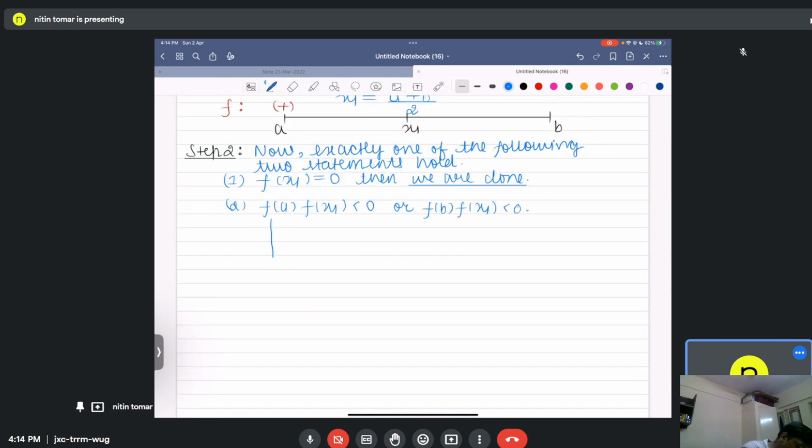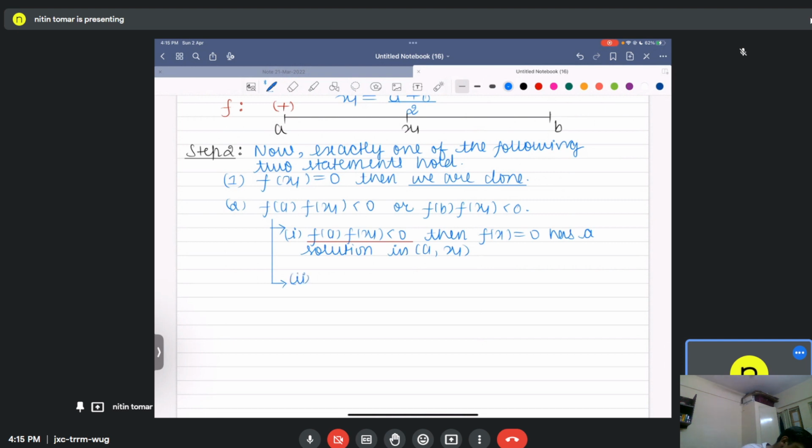In case 2, if the first thing happens, if f of a times f of x1 is non-positive, then again by the intermediate value theorem, f of x equal to 0 has a solution in this interval a comma x1, right?